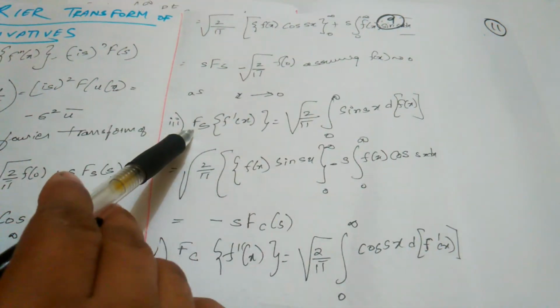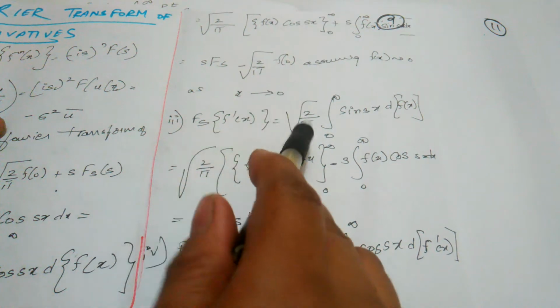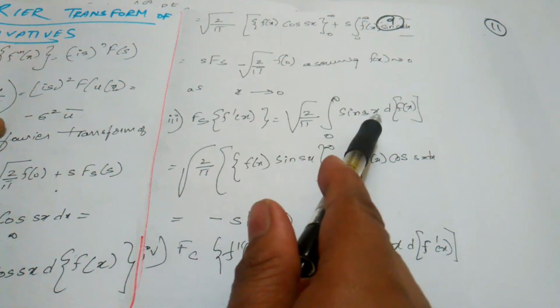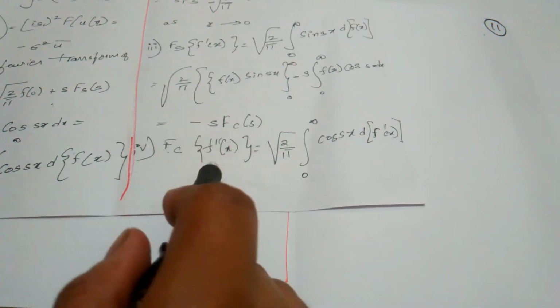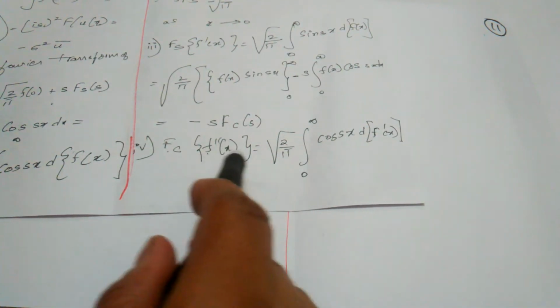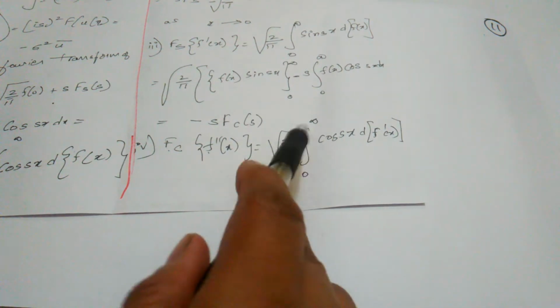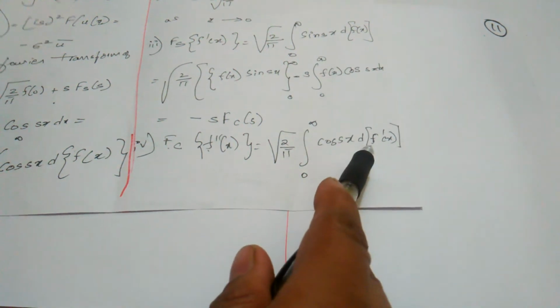Third is F_s of f dash of x, which equals square root of 2 upon pi integral 0 to infinity sine sx d f of x. Then F_c of f double dash of x equals square root of 2 by pi integral 0 to infinity cos sx d f dash of x.